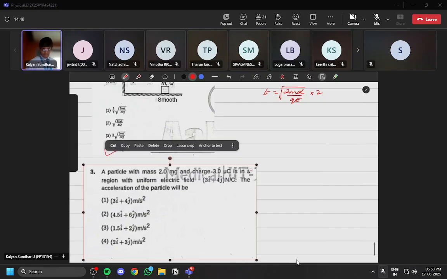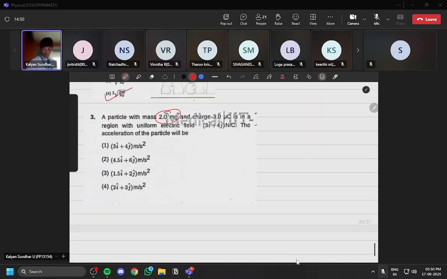Then this one. Particle mass is given as 2 milligram, charge is 3 microcoulomb, in a region of electric field. They ask to find the acceleration. Acceleration is nothing but QE by m. So Q is 3 into 10 to the power minus 6. Acceleration is 3i cap plus 4j cap divided by mass. Mass is how much? It is given in 2 milligram.